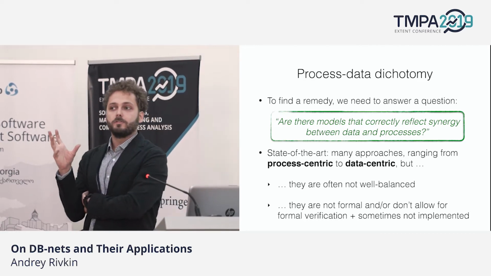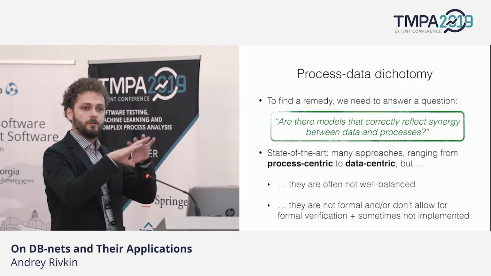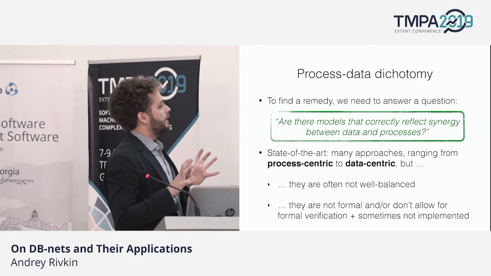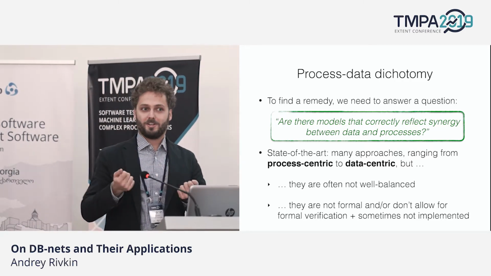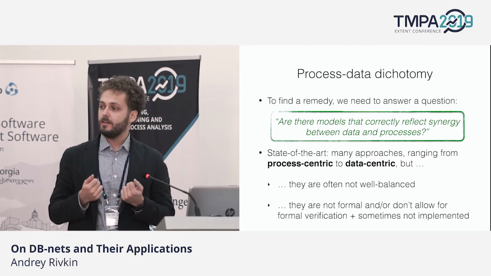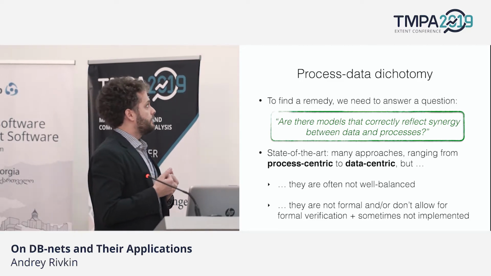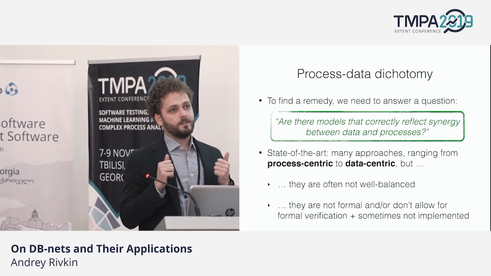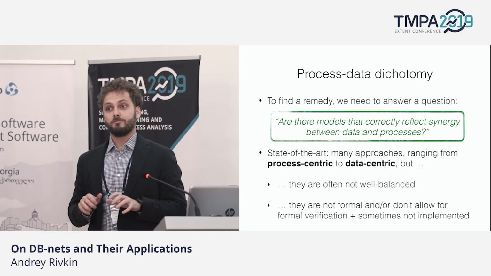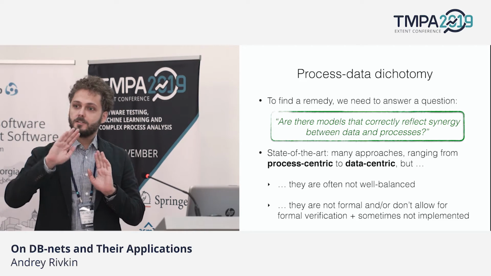So how do you actually solve this problem? The answer is very simple, as usual, right? It's somewhere on the surface. The answer is by asking a question: are there models that correctly reflect synergy between data and processes? The real thing is that currently existing solutions don't really do it well, because they're like a pendulum that does not stabilize.